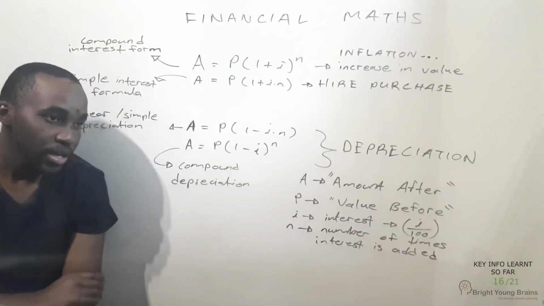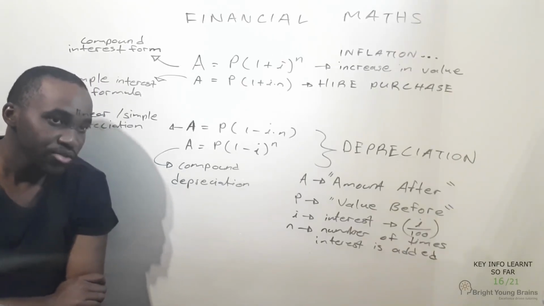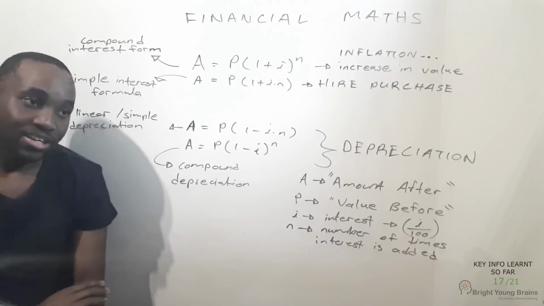With n, it will always be the number of times interest is added. Now, n is very important.